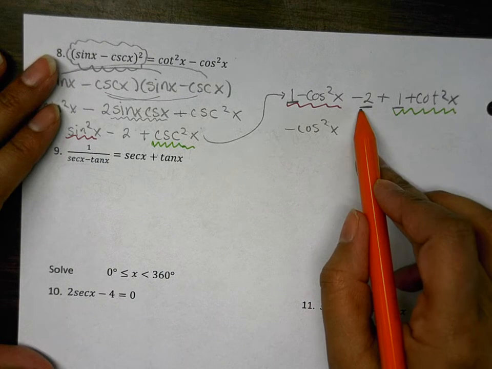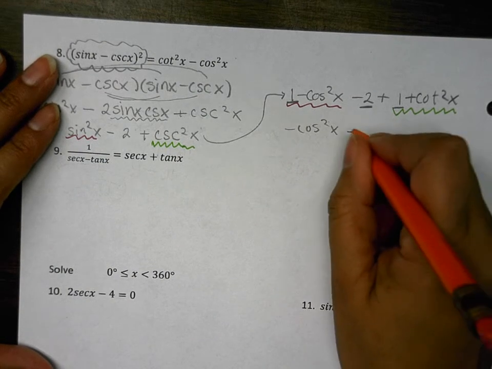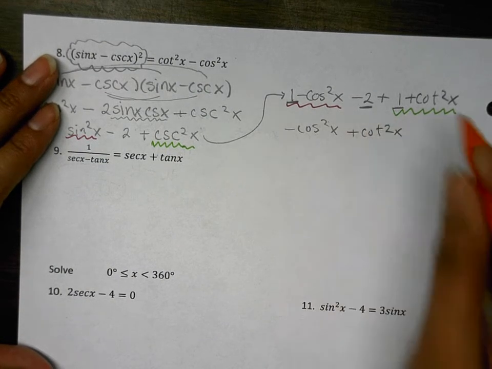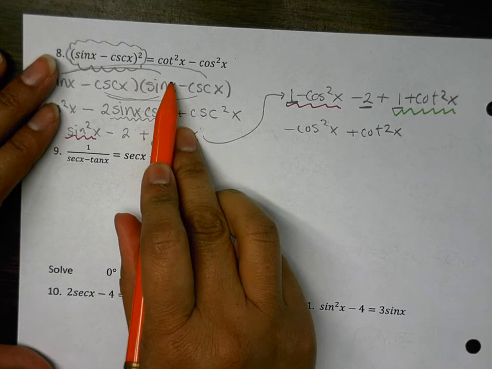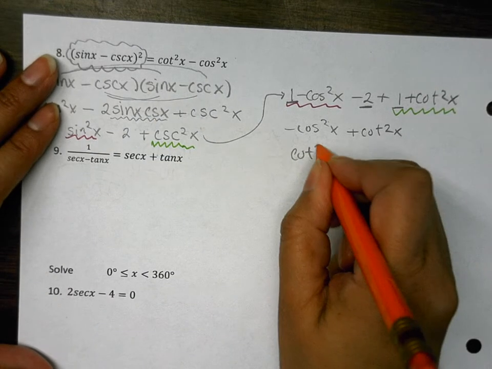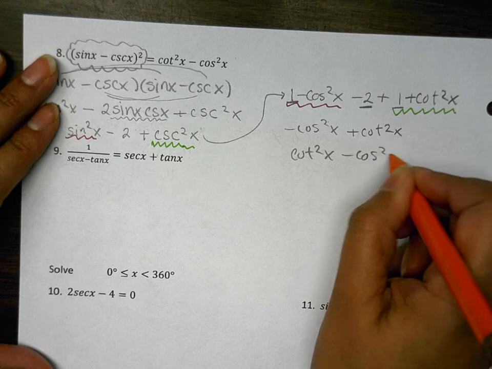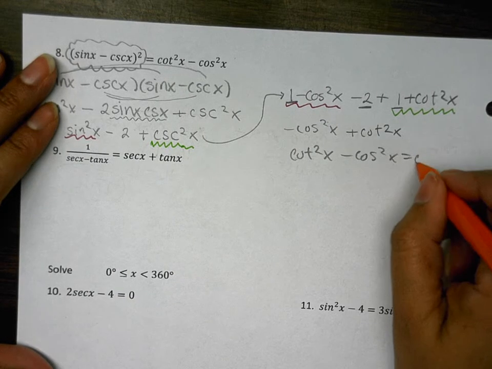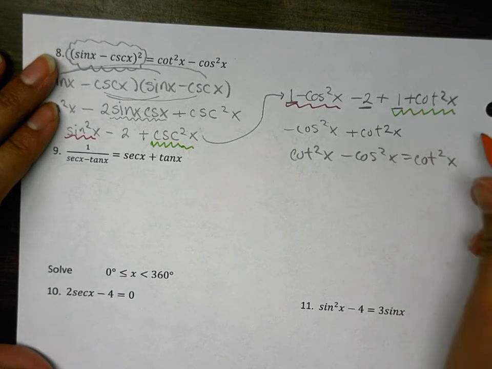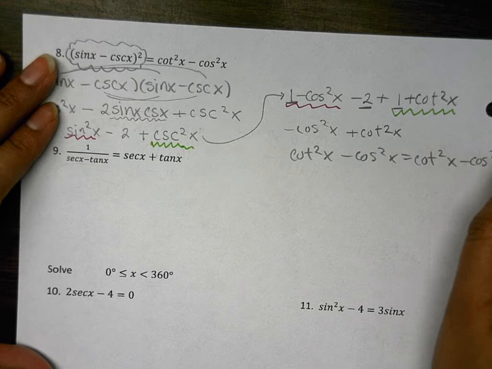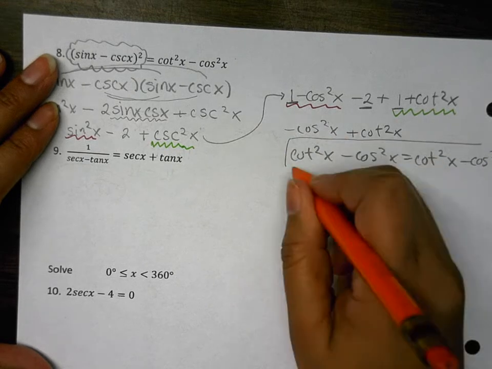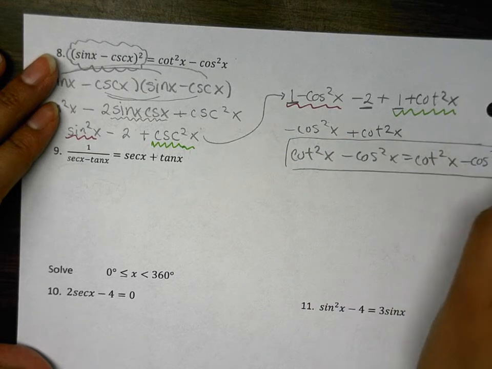What happens there? Right, because 1 plus 1 is 2, and 2 and negative 2, it's gone, it's 0. So plus cotangent squared x, and is that pretty much what I need? Yes? Positive cotangent squared x minus cosine squared x equals what I was trying to prove: cotangent squared x minus cosine squared x.